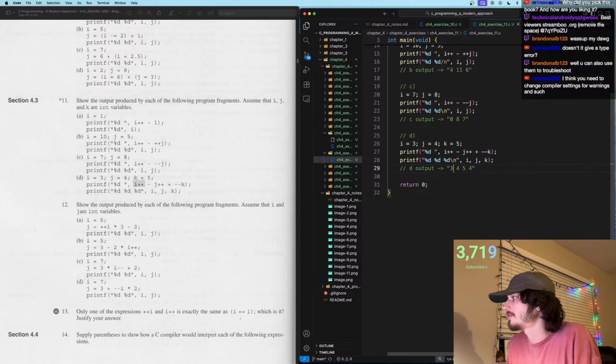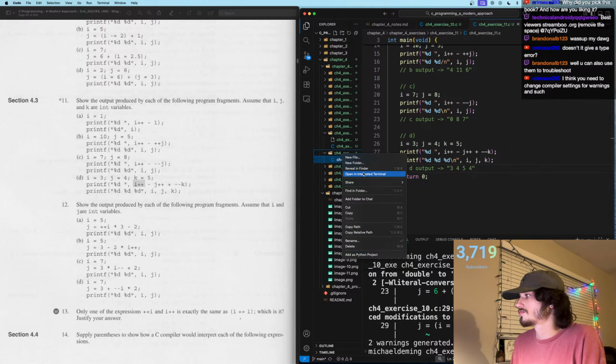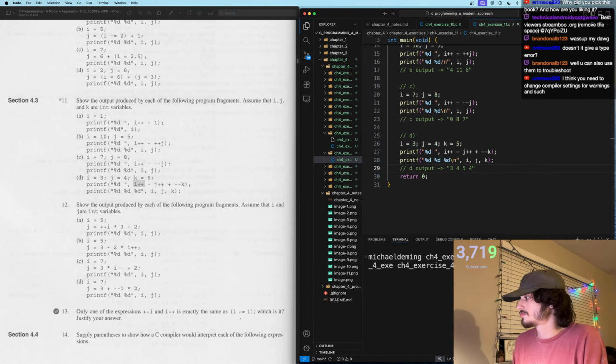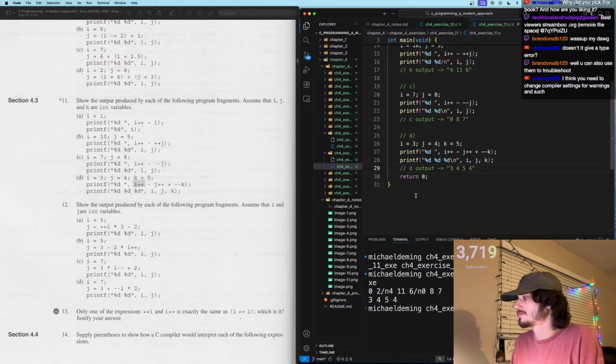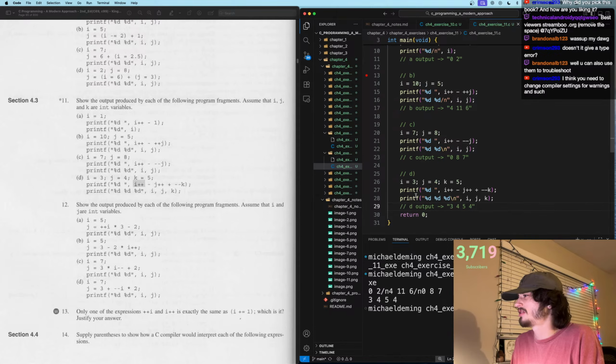Okay, let's try this. Okay, that compiled. That printed a literal \n. Oh, it's a forward slash.